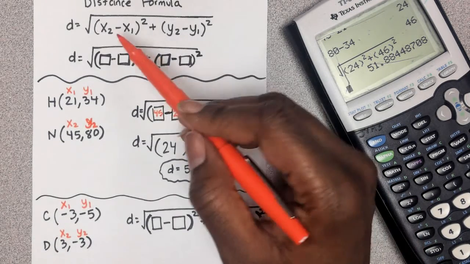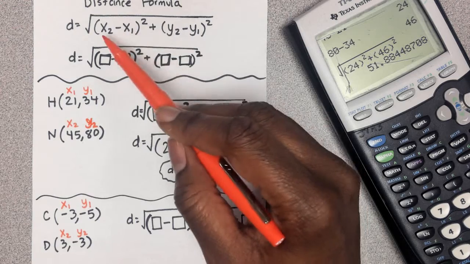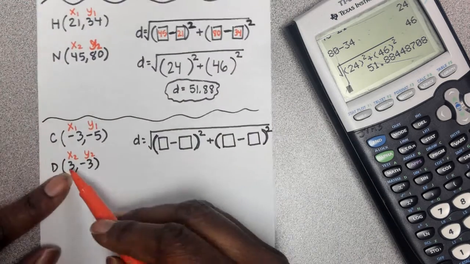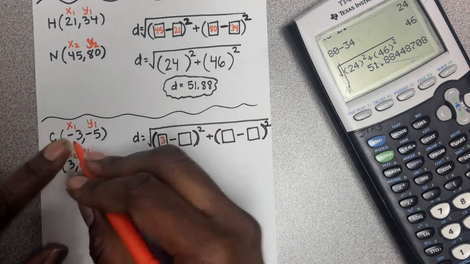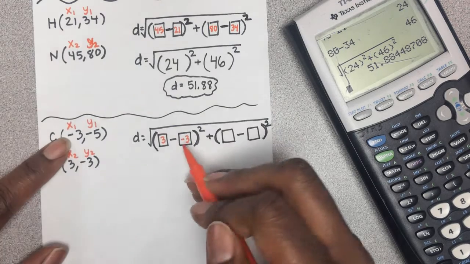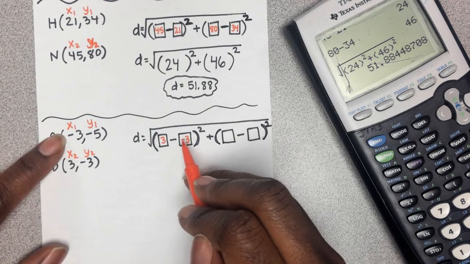So my formula tells me the x's get plugged in first, but it's x2 and x1. So the x2 and then the x1. Be careful here because, yes, the x1 is -3.